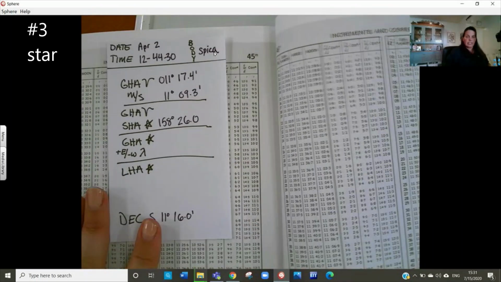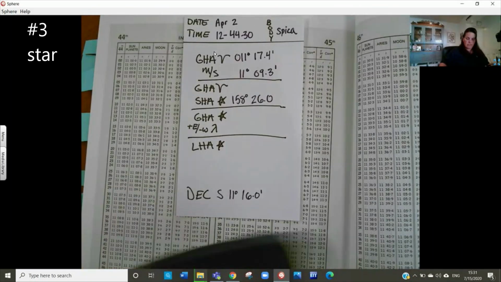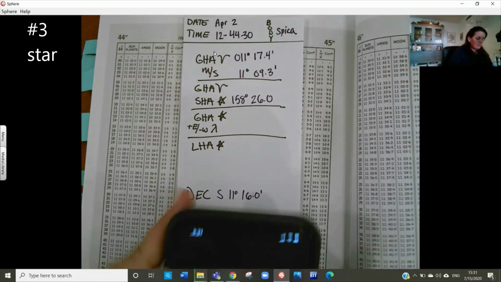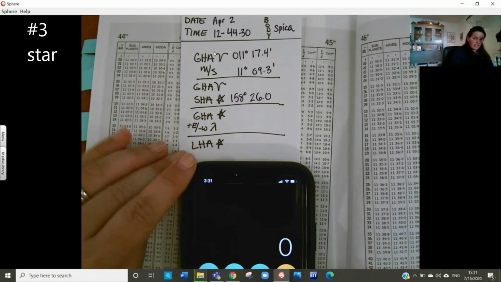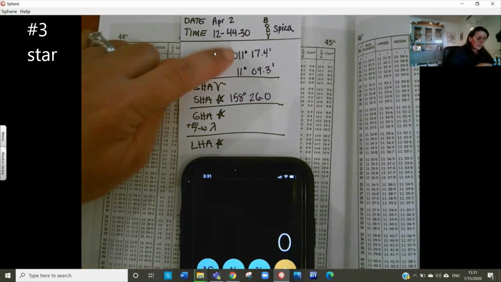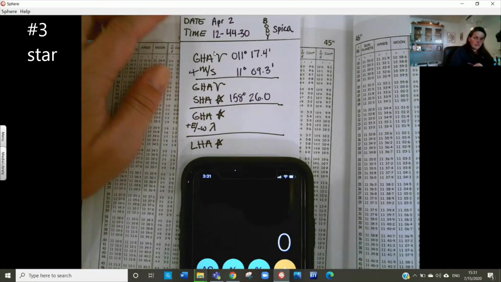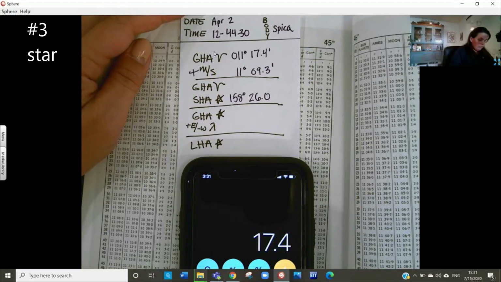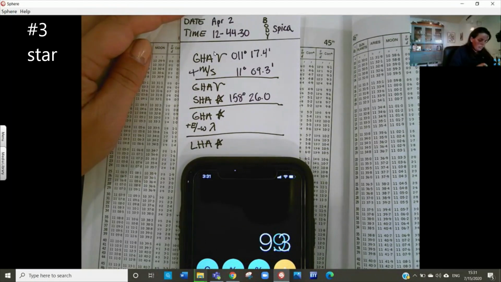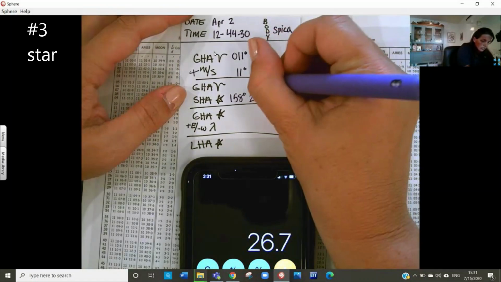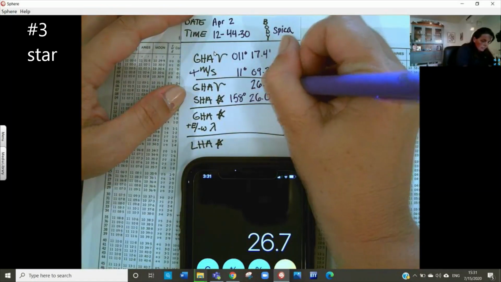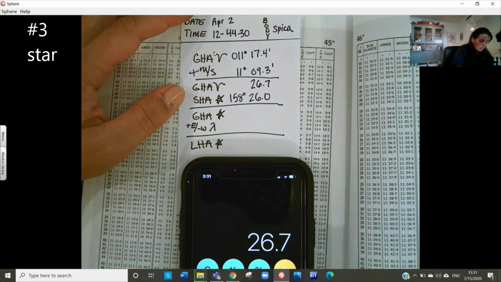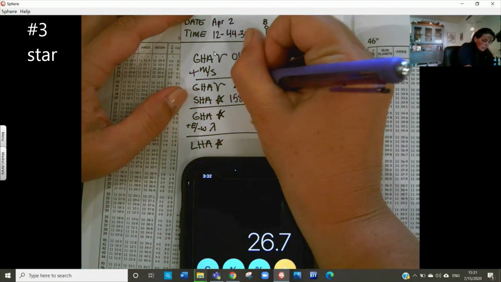Now we can get our calculator. And we always add our minutes and seconds. So we have 17.4 plus 9.3 gives us 26.7. And then we have 22 degrees.